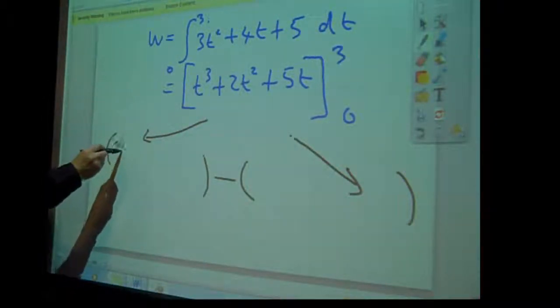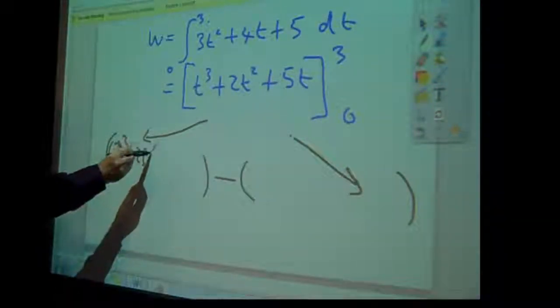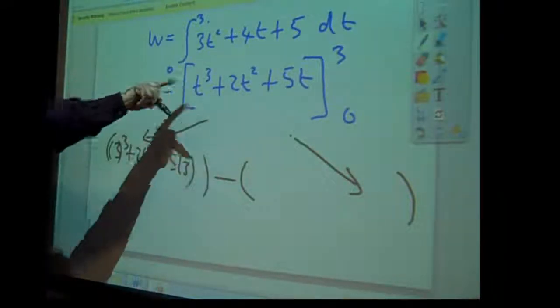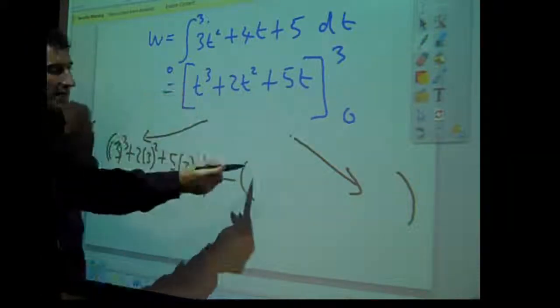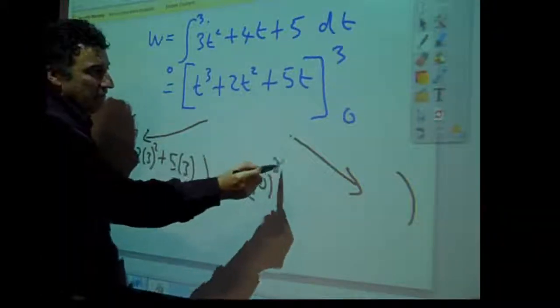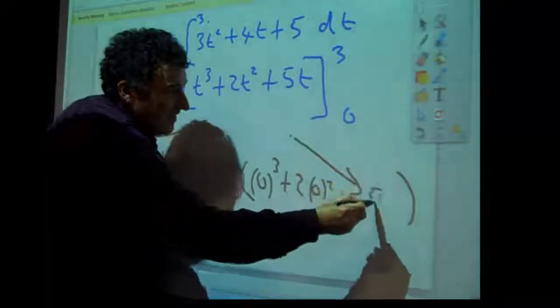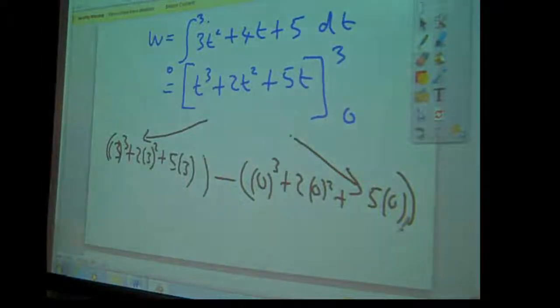We've got 3 to the power of 3 plus 2 times 3 squared plus 5 times 3. All we've done is substituted the 3 into the t. On the other side we'll substitute the 0 into the t, so that's 0 to the power of 3 plus 2 times 0 squared plus 5 times 0. This one's going to be nice on the right hand side.